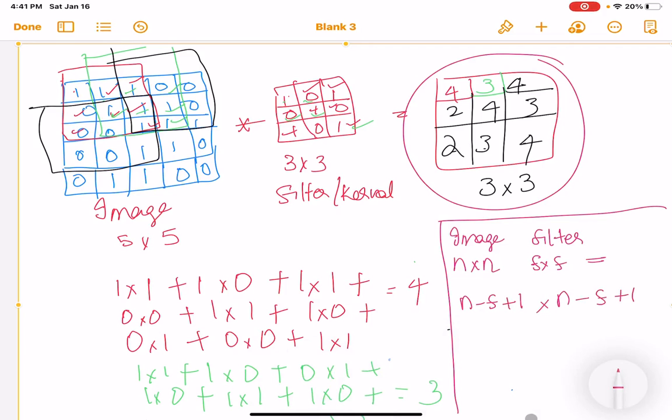Going back to the example we have considered, I have a 5 cross 5 image. That means n is equal to 5. 5 minus 3, since the filter is 3 cross 3, plus 1 cross 5 minus 3 plus 1. So 5 minus 3 is 2, 2 plus 1 is 3. That is how I get a 3 cross 3 output like this.